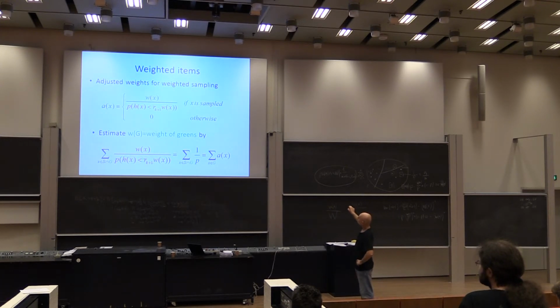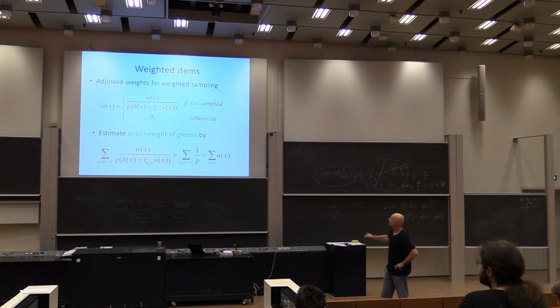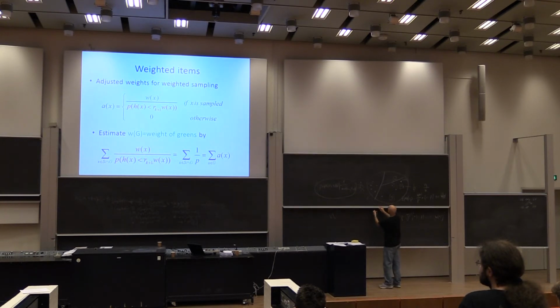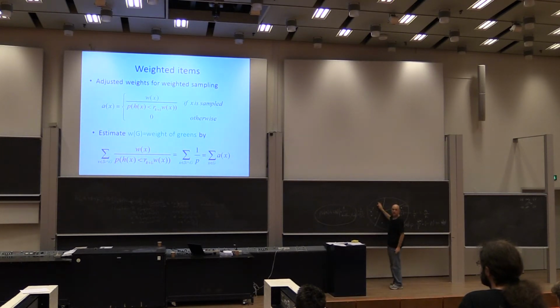The adjusted weight is going to be, so before it was the weight divided by the probability, and the probability was exactly the hash of the k plus 1 largest item. Now, fix this subset. In this subset, the ranks of all the items except the rank of x are fixed. So look at the kth rank in the set without x.